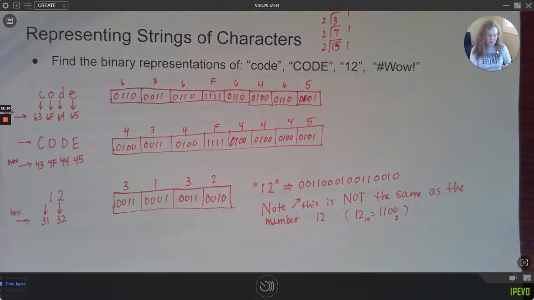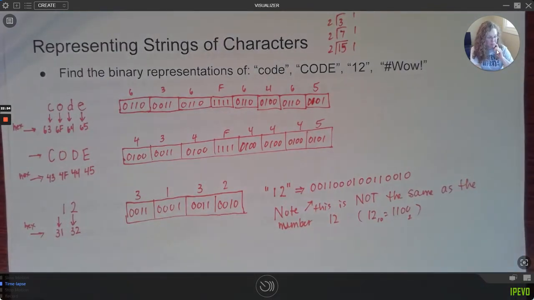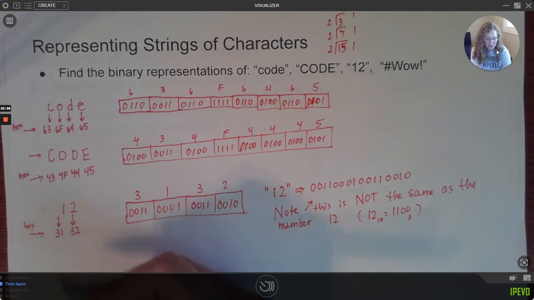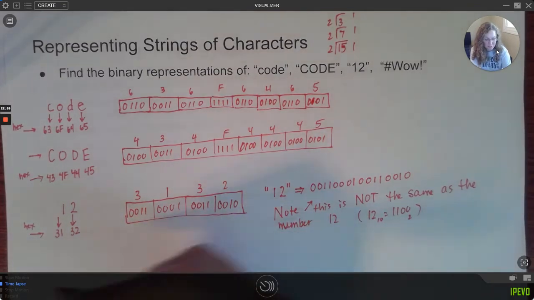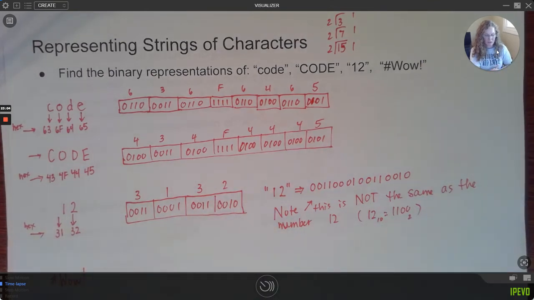Okay, let's do our last one so that we can use some of these other special punctuation and pound sign kinds of things. So let's say we had this pound sign wow, or hashtag wow.